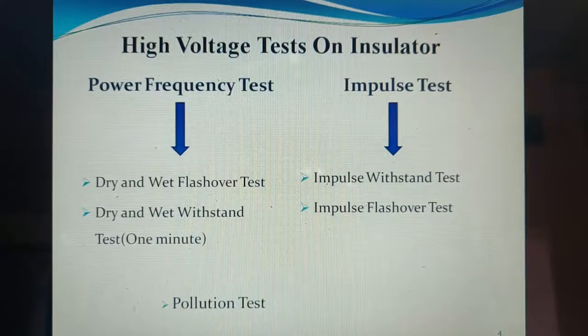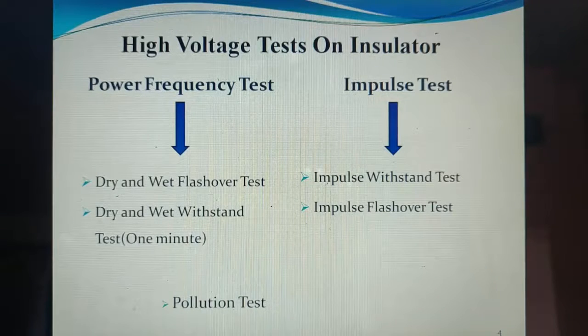Two types of tests are done in the power frequency test: the dry and wet flashover test, and the dry and wet withstand test for one minute. Then the impulse tests: the first is the impulse withstand test and the second is the impulse flashover test.